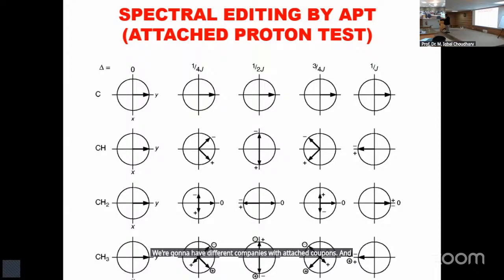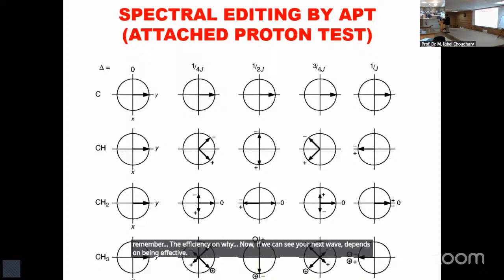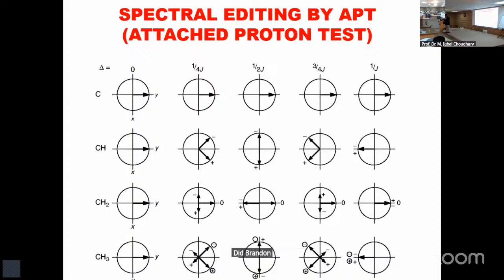And remember, the Larmor frequency on the XY plane depends on B effective. All Larmor frequencies depend on B effective, and any factor which affects B effective will affect Larmor frequency.